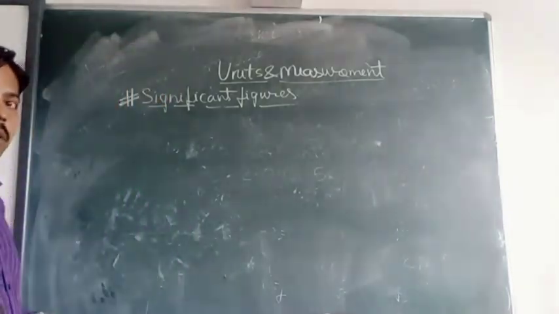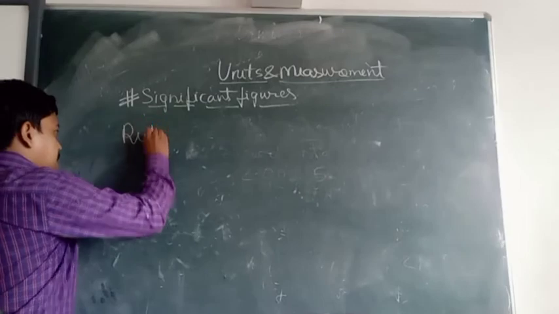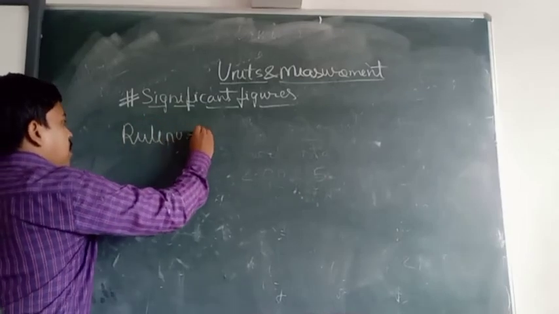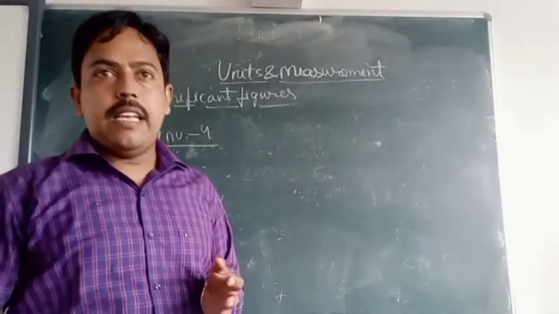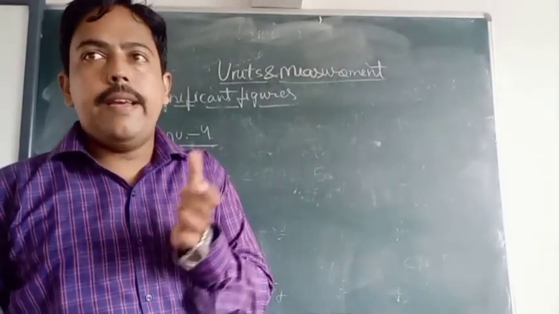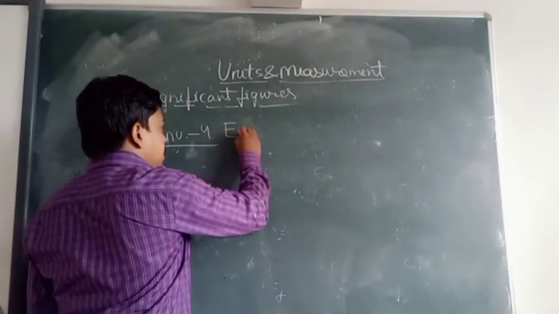So let's talk about rule number 4, and rule number 4 says: ending zeros, or trailing zeros. Somewhere it has been written trailing zeros and somewhere it has been written ending zeros, so I am writing ending zeros.